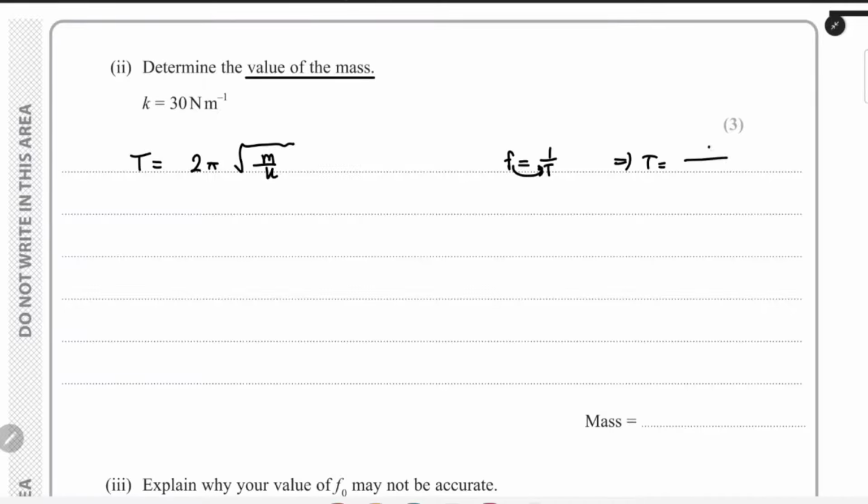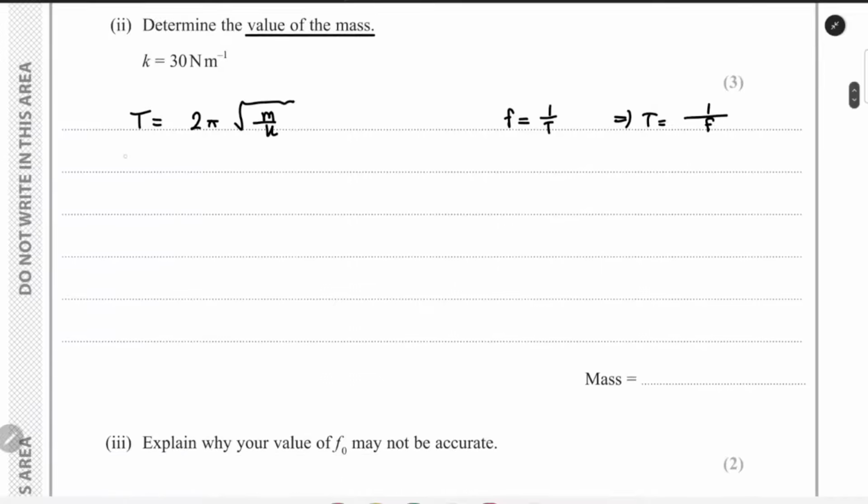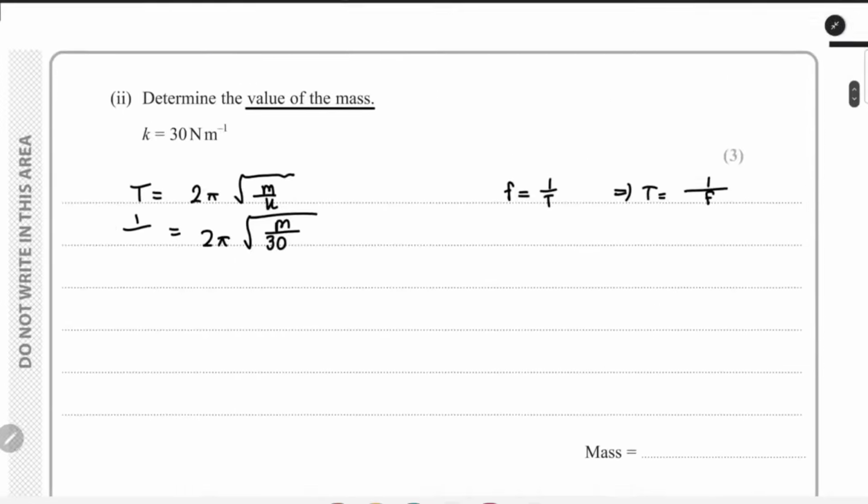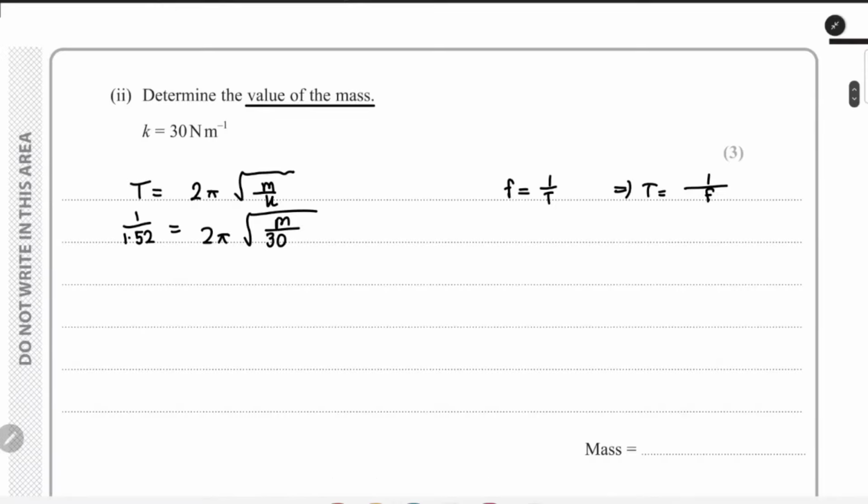So t will become 1 by f. So 1 by frequency is twice pi root over m by k, the mass is unknown, the value of k is given, the resonant frequency over here is 1.52 hertz. We can place that as well.